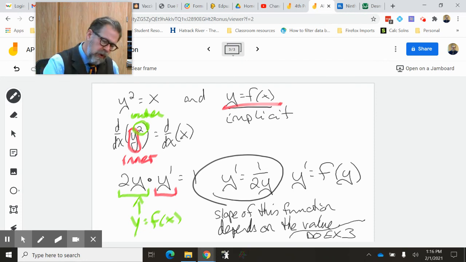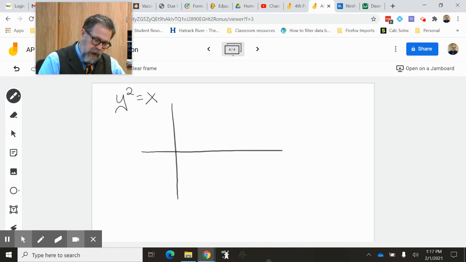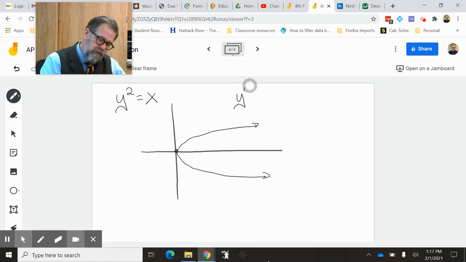Okay, so you had an opportunity, hopefully, to stop and do exercise 3. You've checked your answer. Let's look at the function y squared equals x. This is a sleeping parabola. And let's say I want the derivative at x equals 4.